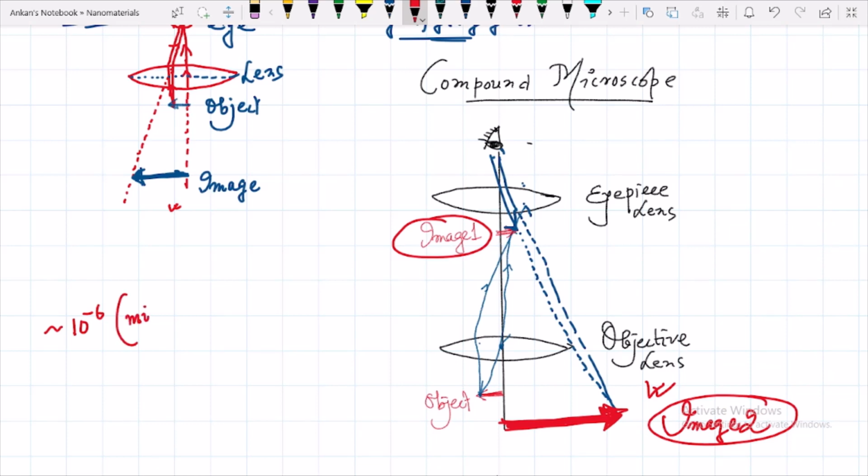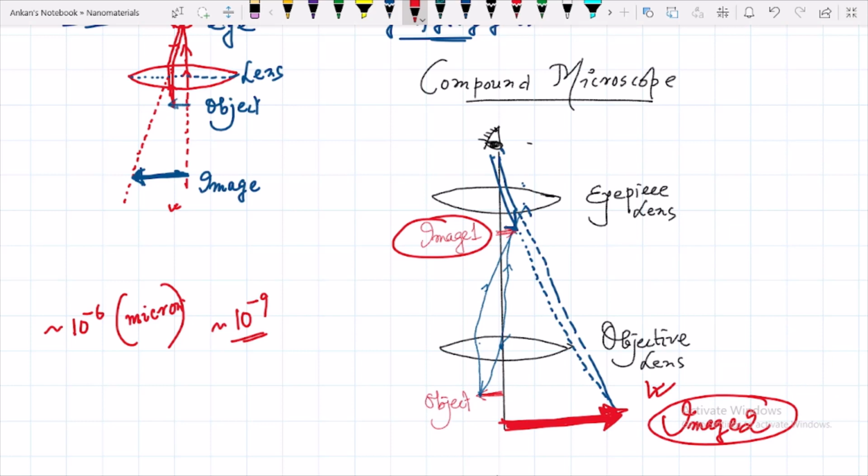There, the optical microscope is very useful. But beyond that, for smaller substances of the order of 10 to the power minus 9, that is nanomaterials, it is not sufficient.